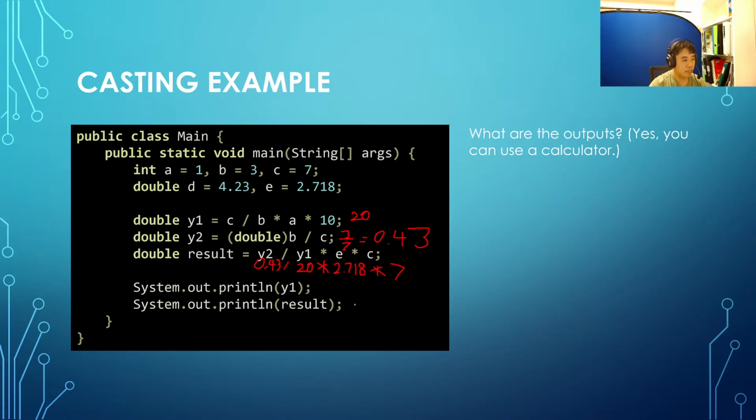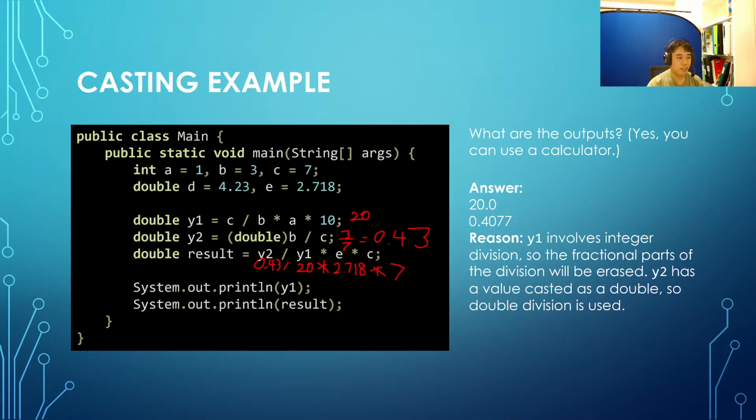What you get is 0.43 divided by 20 times 2.718 times 7. So I also got approximately 0.409. I'm not sure if that is what it is, but let's see the answers.